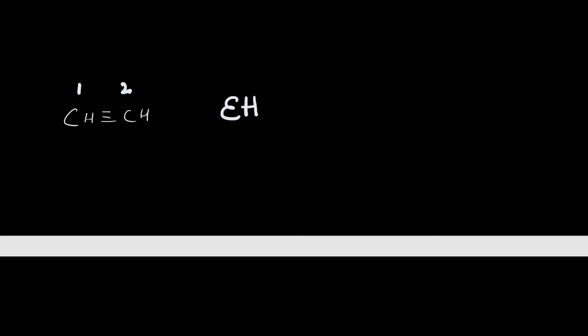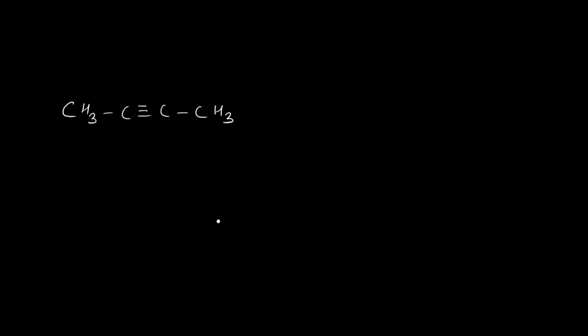Word root is eth, yne. Triple bond, ethyne. Let us see this compound. 1, 2, 3, 4. Word root is but. On the second position you have yne. So the name of the compound is but-2-yne.